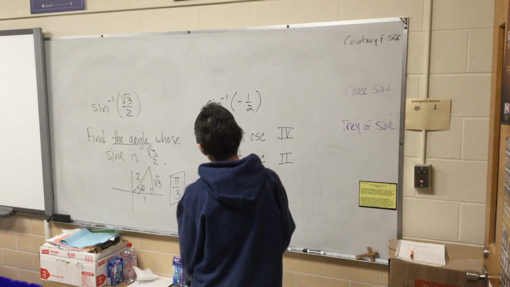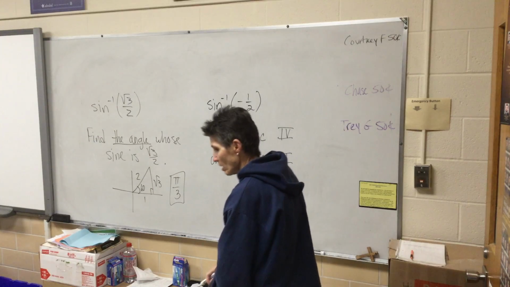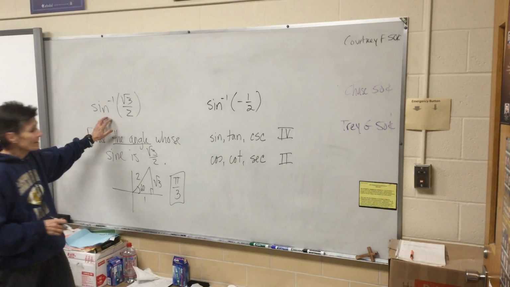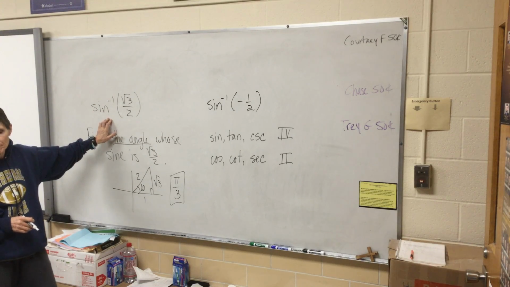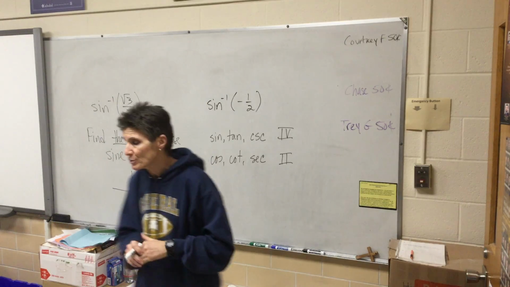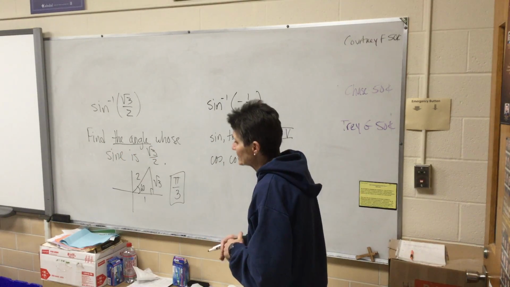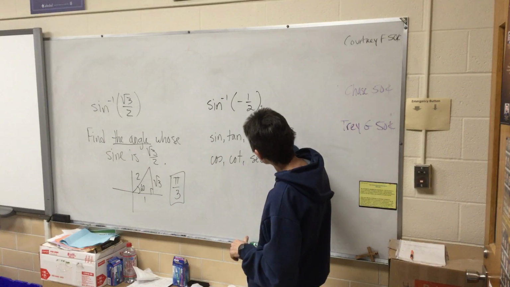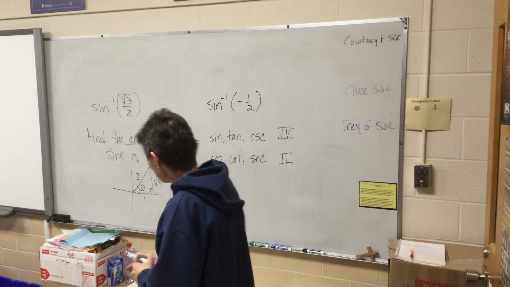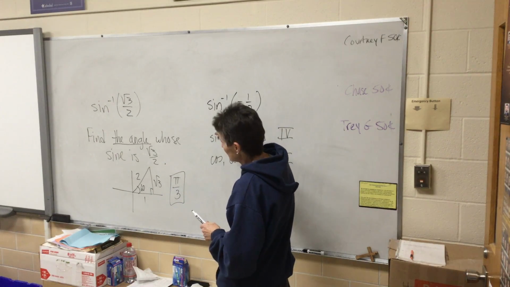These rules come from the pictures, the graphs of the inverse functions themselves. We're not going to go into the graphs. You just have to remember what are called the principal values. That is, where do I draw my triangle? Where will my angles be? This is an angle.